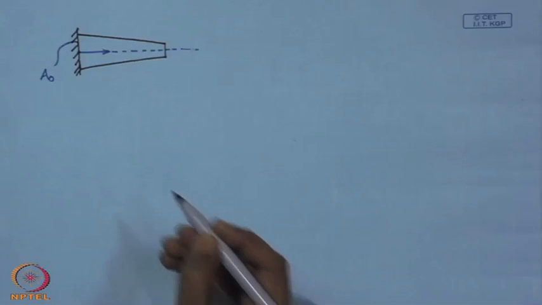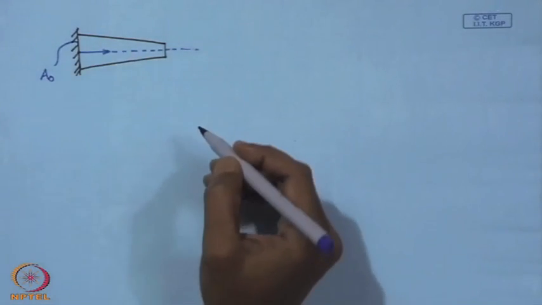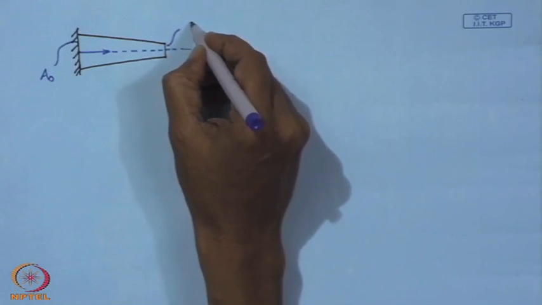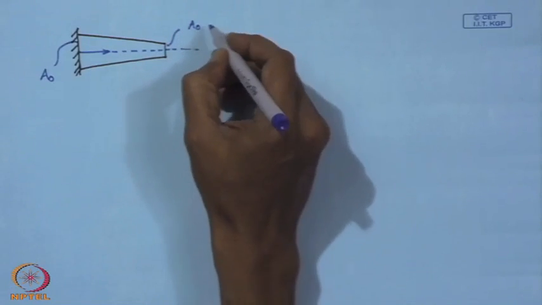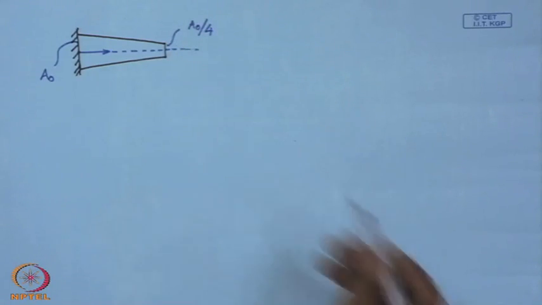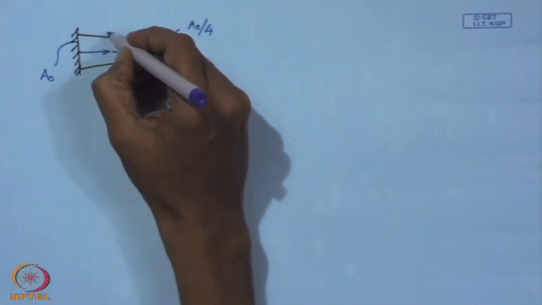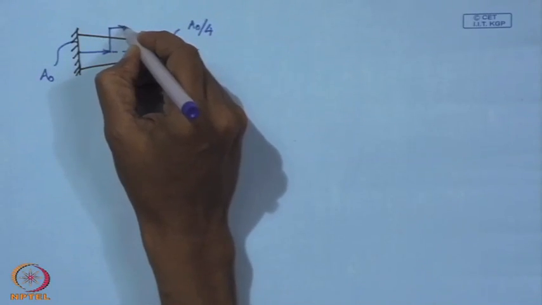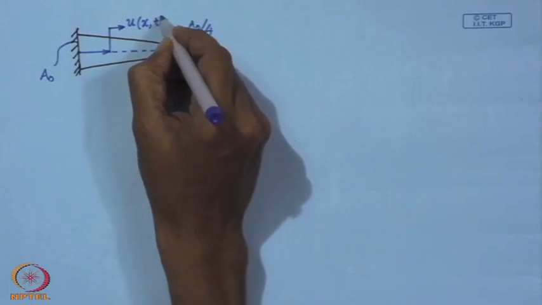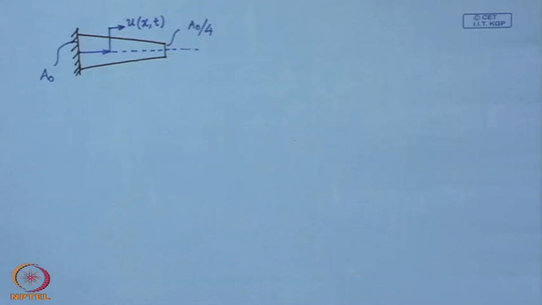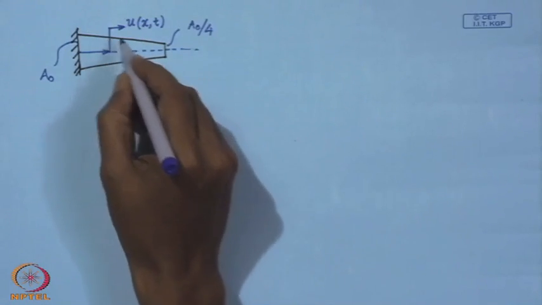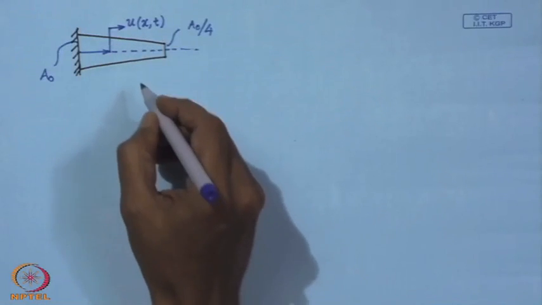Consider that A0 is the area of cross section at the fixed end, and at the free end it is something like A0 by 4. The field variable is represented by u(x, t), which represents the axial displacement at any point x at any time t.